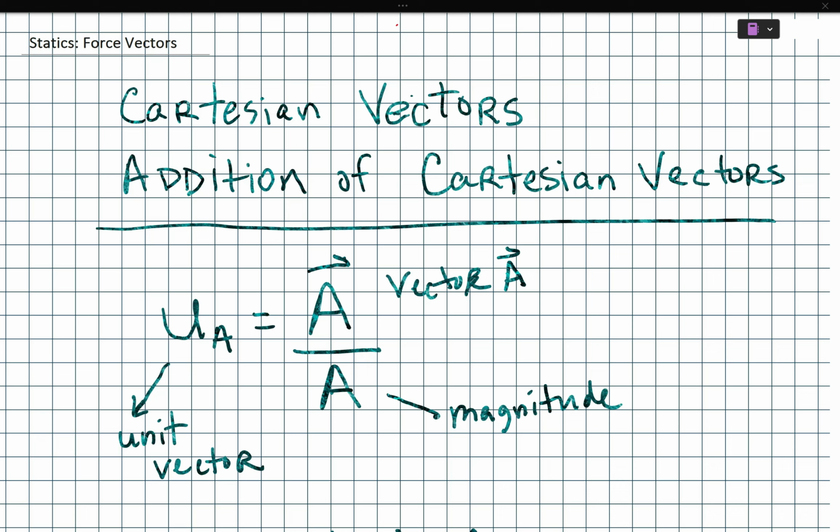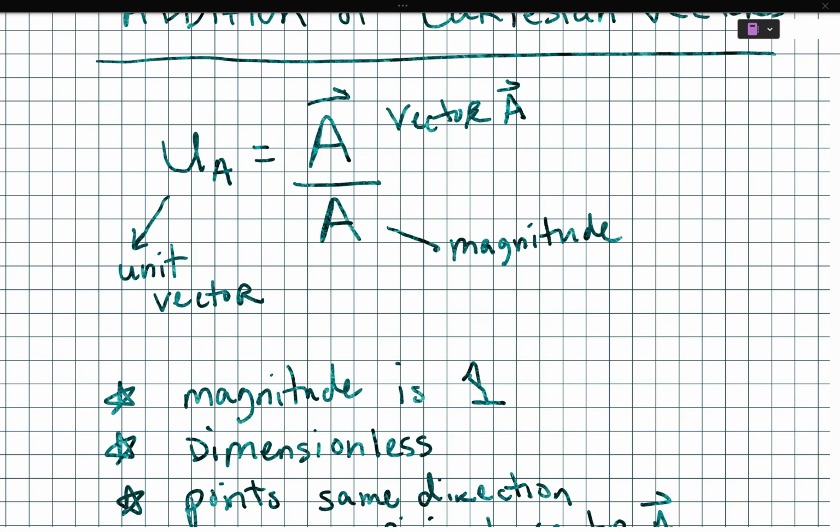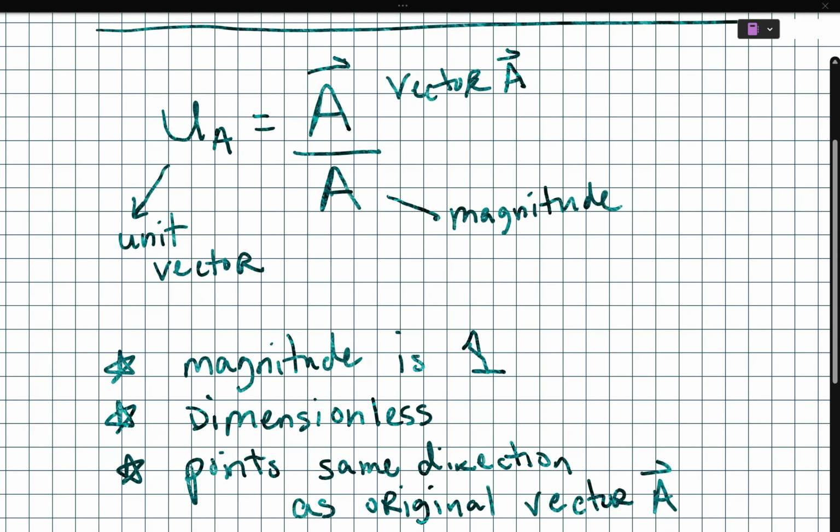Going forward, characteristics of a unit vector. The unit vector has a magnitude of 1.